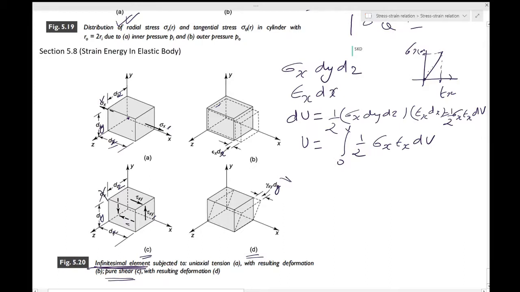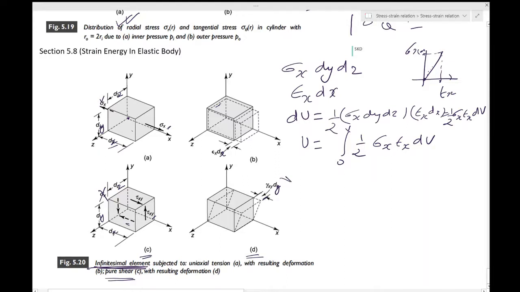It shouldn't be there, so I've removed that. Because it's pure shear, you cannot have sigma x here. With this you have this deformation, and this deflection will be gamma xy into dy. Theoretically it would be gamma yx, sorry, it would be gamma xy. That tells you about the rotation in this direction, and gamma xy dy would be this particular total value because it is in the y direction.